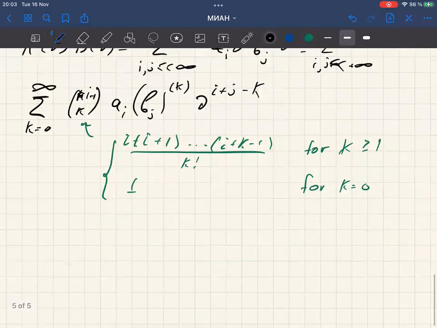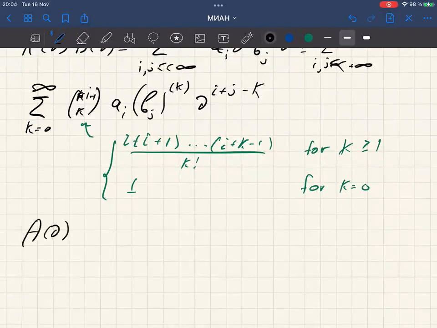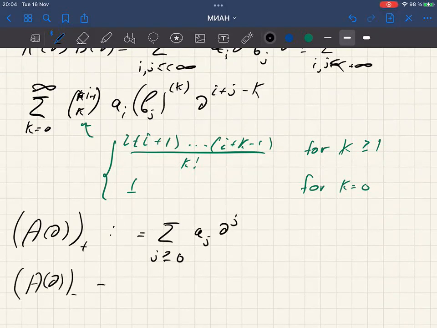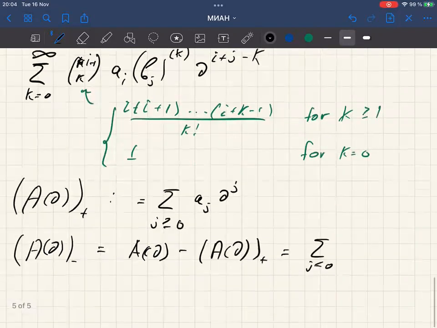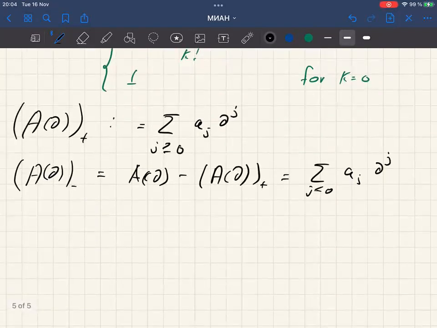And we have operations such that A plus, which means just taking the positive part, the sum over j non-negative of e_j d^j, is just A of d minus, the sum over j strictly less than 0 of e_j d^j.